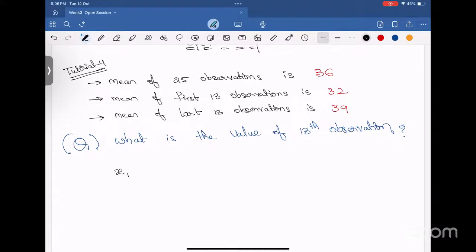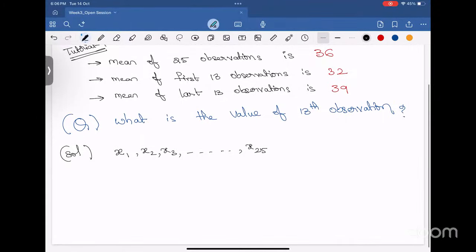I will call out your name and you can raise your question and we'll discuss that and move forward to the next person. Those who have doubts, just raise your hands in the Zoom. Since there are 25 observations, we label them x1, x2, x3, and so on, x25.